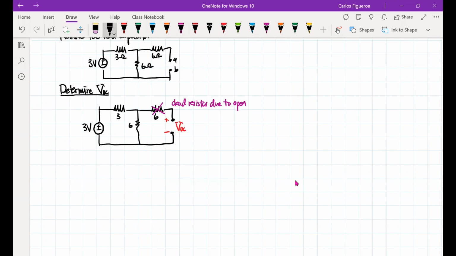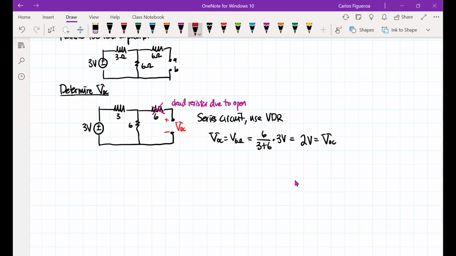Now the voltage VOC is the same as the voltage across the 6 ohm resistor. Because this is a series circuit, use VDR. VOC is the same as the voltage across the 6 ohm, so that's 6 over 3 plus 6, times 3 volts. This is going to be 2 volts. So now I have my Thevenin voltage right here.